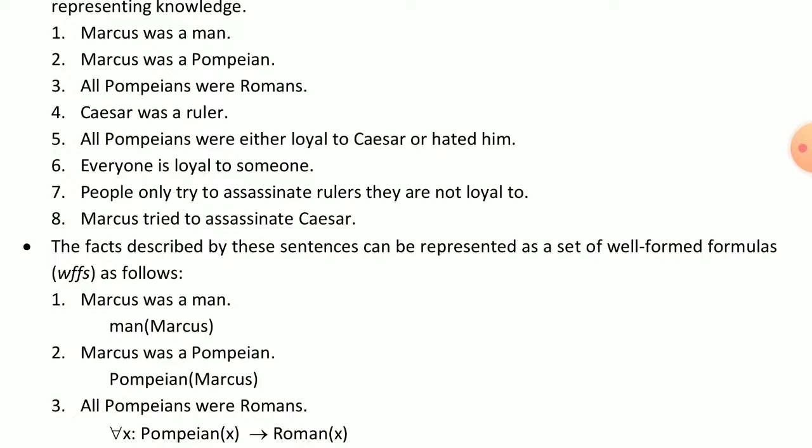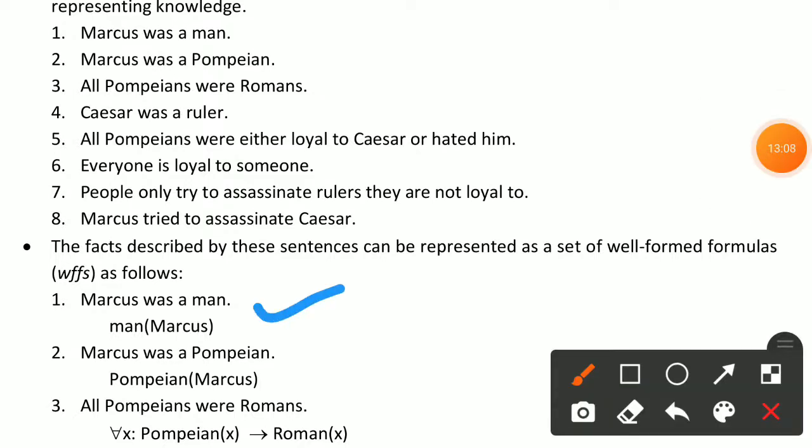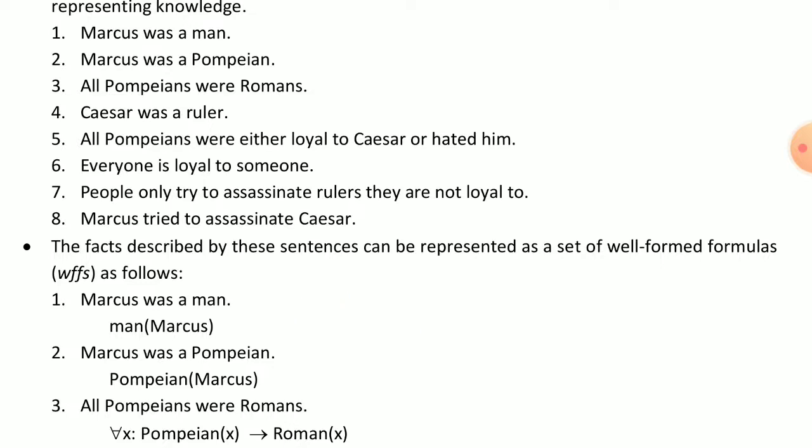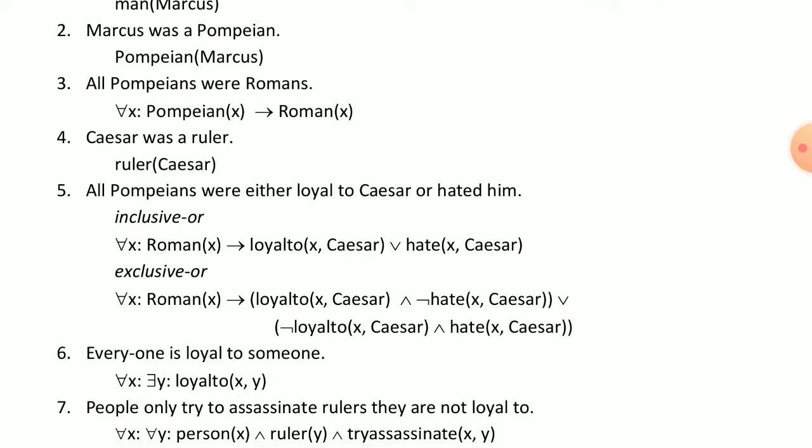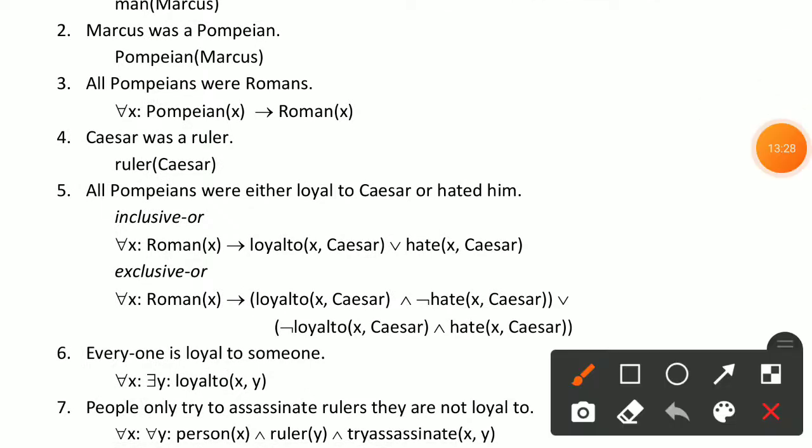We can write this sentence like this: man(Marcus). Man is the predicate and Marcus is the name. Second is Marcus was a Pompeian. Pompeian is the predicate and Marcus is the person name.